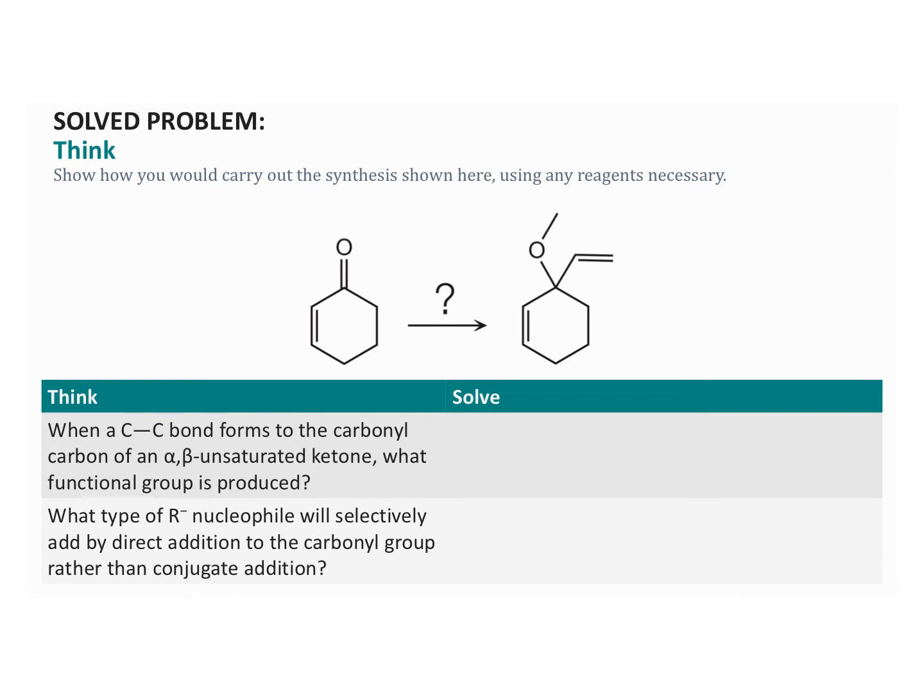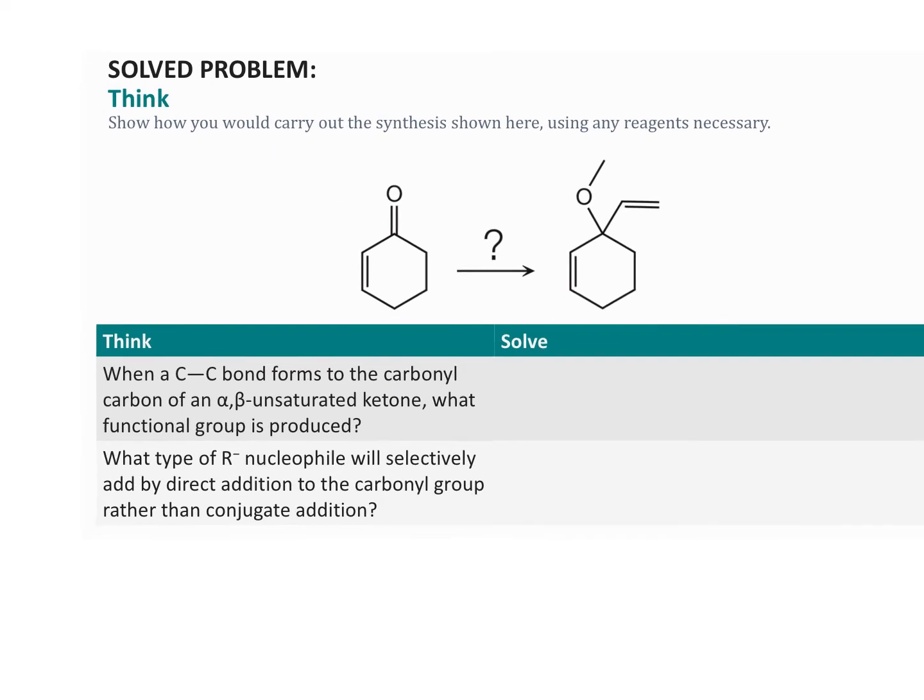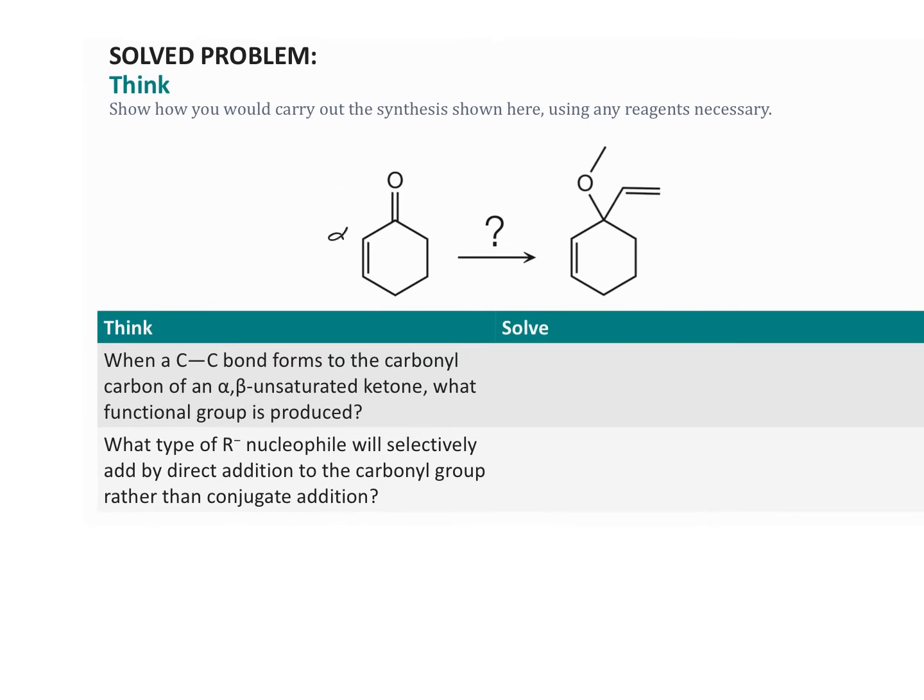Okay, so the first thing you need to recognize here is you are starting, right, with an alpha beta unsaturated ketone, okay? And I just want to remind you that alpha and the beta are counted from this carbonyl carbon. So alpha, beta, and unsaturated refers to the double bond right here, okay?